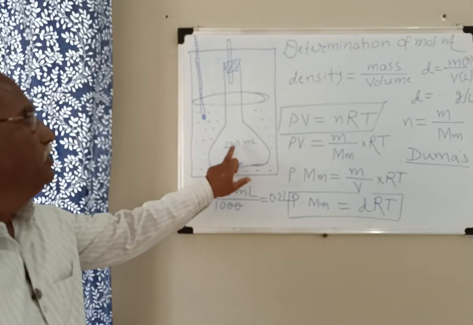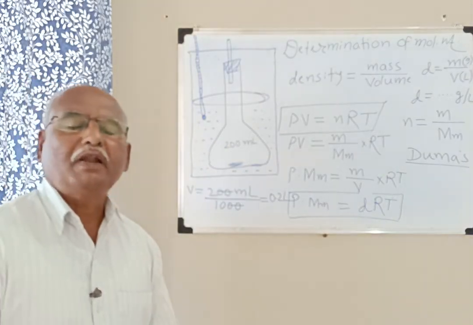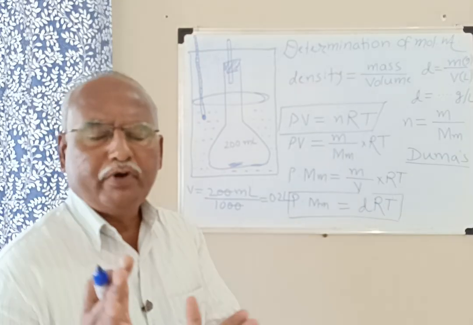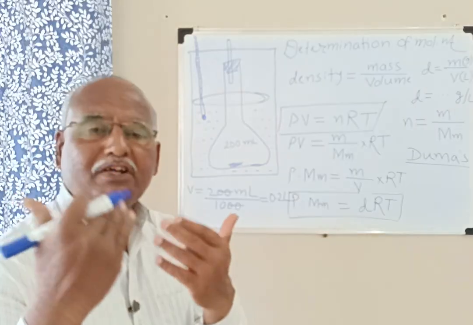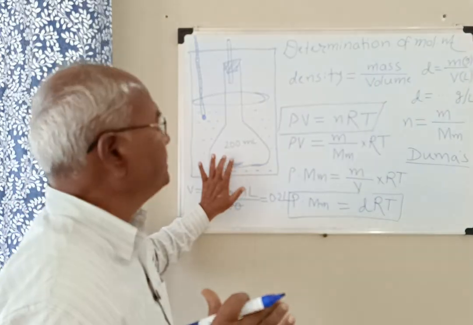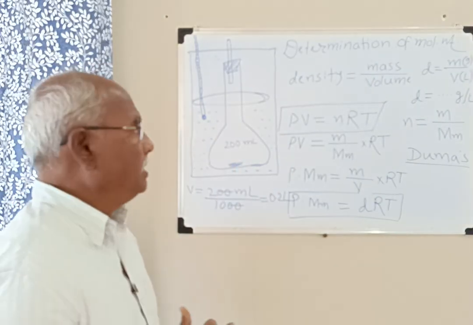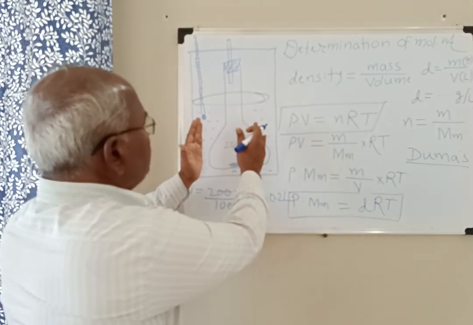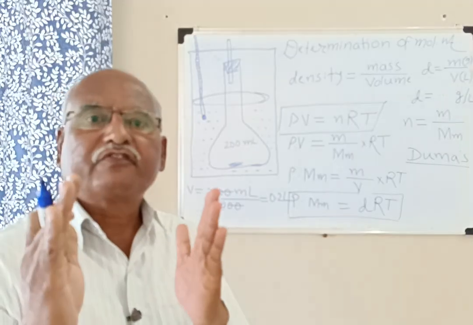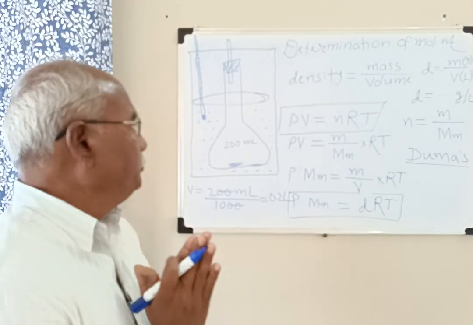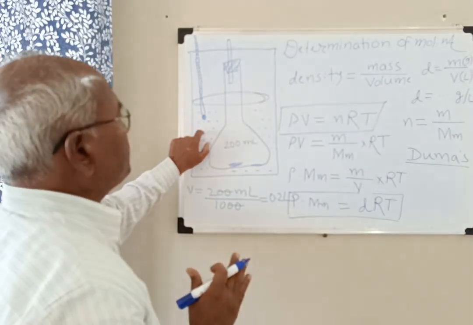So this is 200 ml flask in which given volatile substance is taken, and this 200 ml flask is submerged into boiling water.